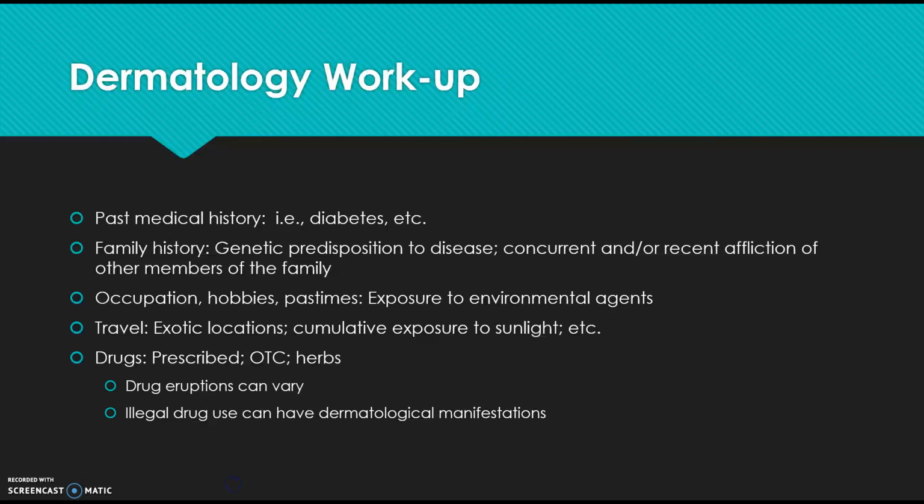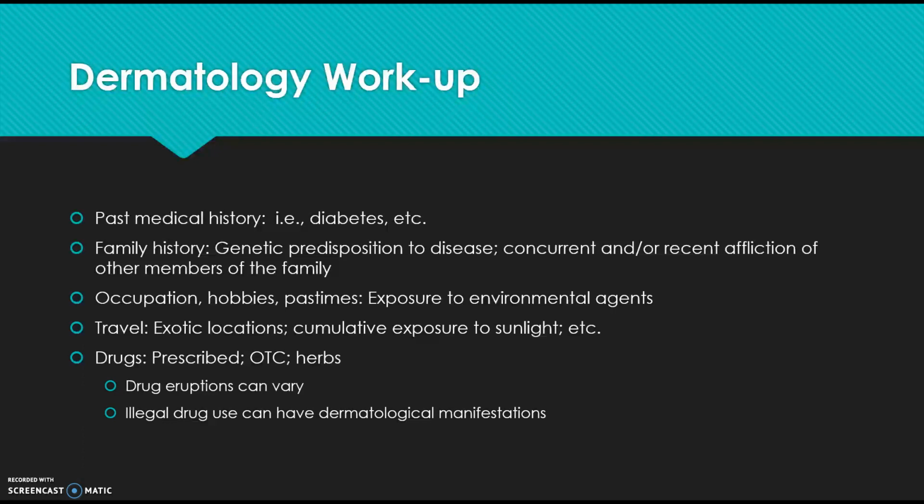In doing a dermatological workup, it's important to get the past medical history for relevant diagnoses like diabetes, maybe lupus, which has a skin condition associated with them. Family history, there's a genetic predisposition to certain diseases, so that's important to know. Eczema and psoriasis are two conditions that have a familial predisposition.